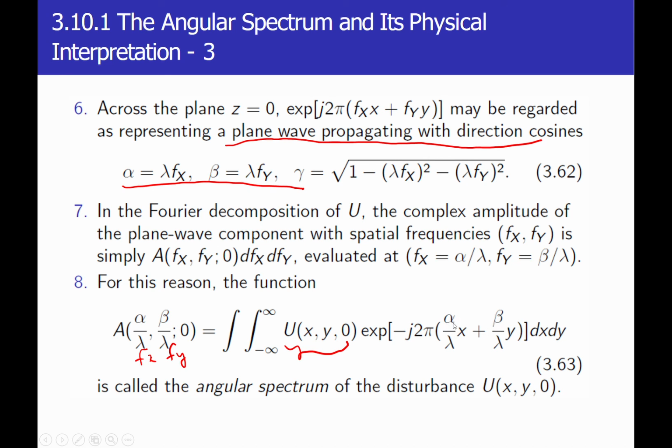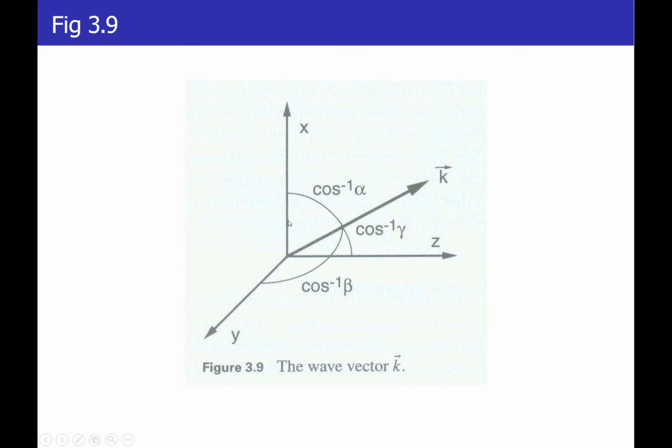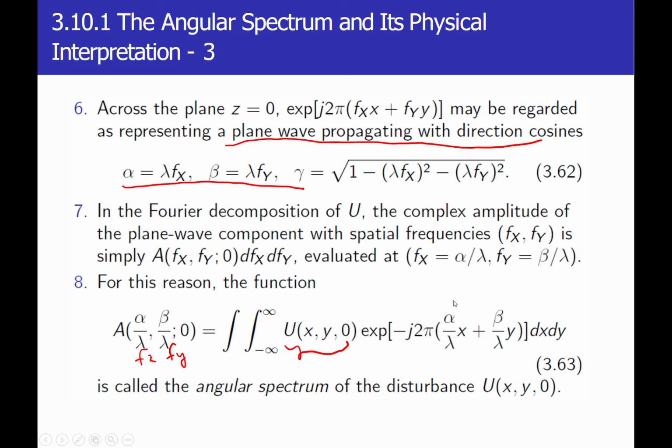But remember that alpha and beta correspond to this angle. Alpha and beta is this angle, and this will give you the directional cosine. And we can imagine that alpha, beta, and gamma will determine the direction of a wave vector or plane waves. So we have various plane waves for different alpha and beta.